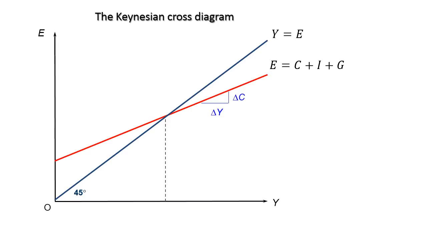All that we have done by adding investment and government expenditure is to shift the line upwards. In fact, we have increased the intercept, because neither I nor G depend on expenditure or output. So adding these components just adds amounts to the intercept.